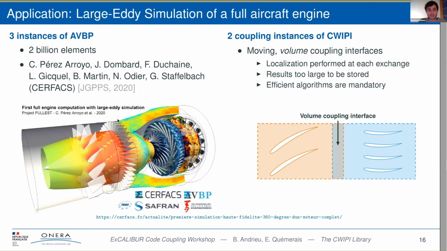Then I believe this part is another domain, and finally there is a third rotating domain here. For both coupling interfaces, we have a volume coupling interface that's shown here, which is also rotating. So we have to recompute the localization at each step to take into account this relative motion. And this is quite a big mesh, because there are about 2 billion elements in the whole domain.